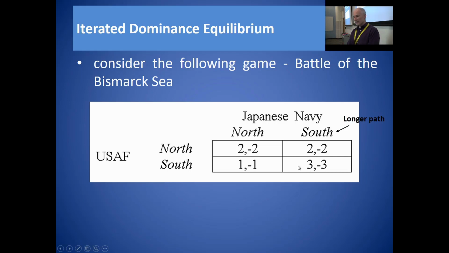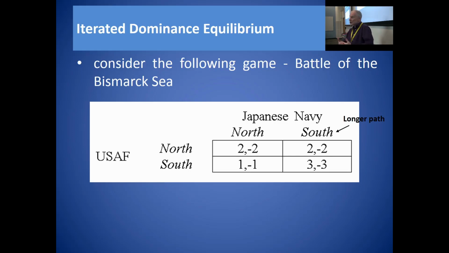Now, the second most preferred outcome, where they have a payoff of 2, is, firstly, if the US Air Force goes along the shorter northern route, and the Japanese Navy also goes along that shorter northern route.